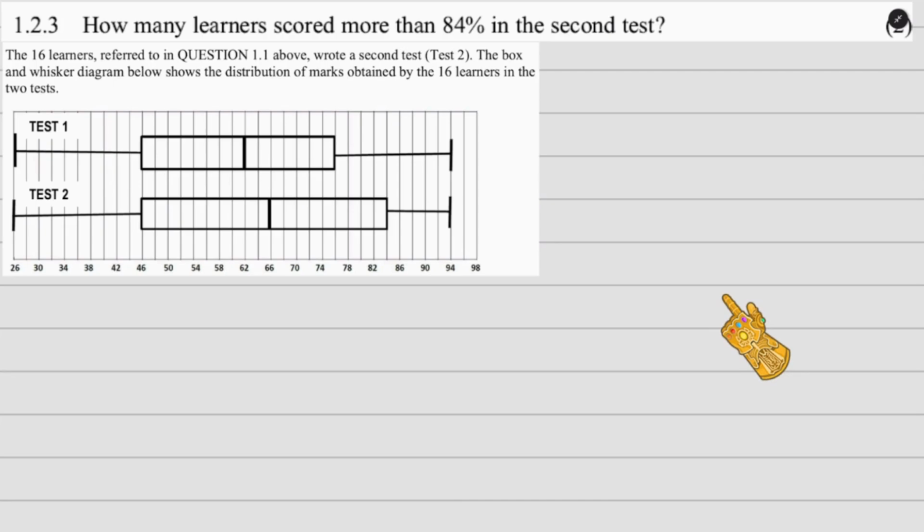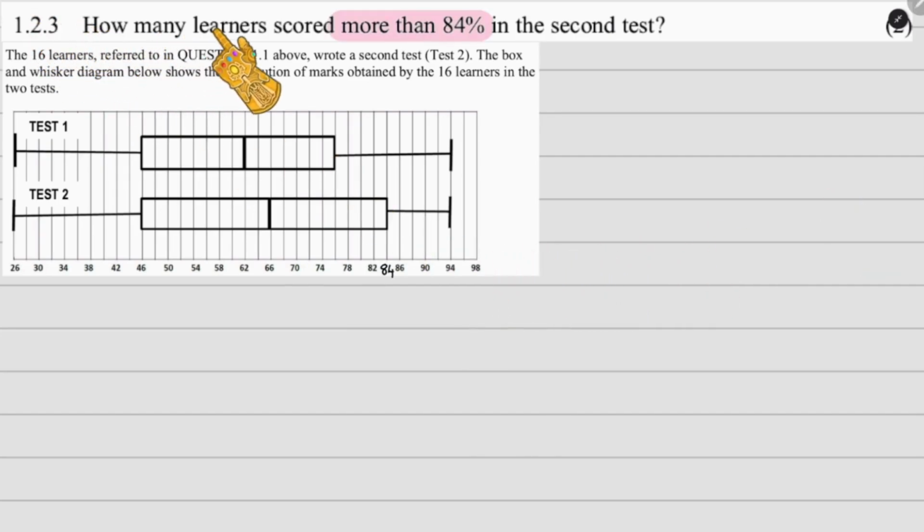And the last question on the box and whisker plot for this paper: how many learners scored above 84% for the second test? So we're going to ignore test 1. And we're going to find 84% and see where it lies on test 2. So 84% will be in between these two blocks, so it's over here.